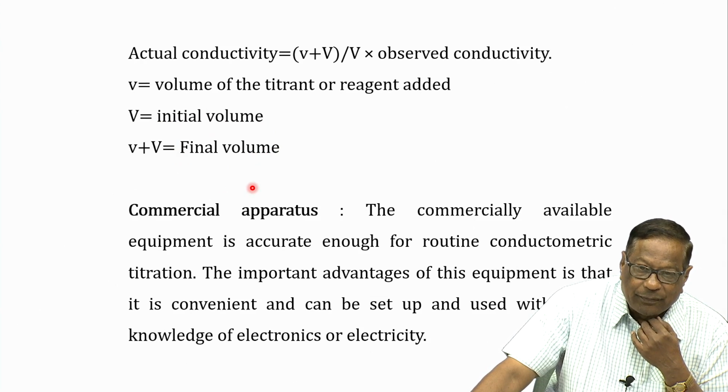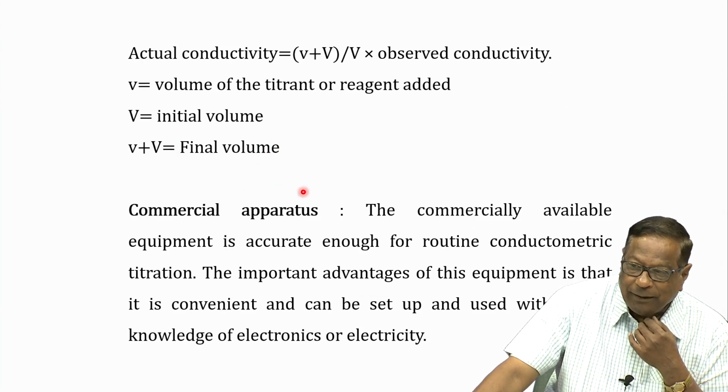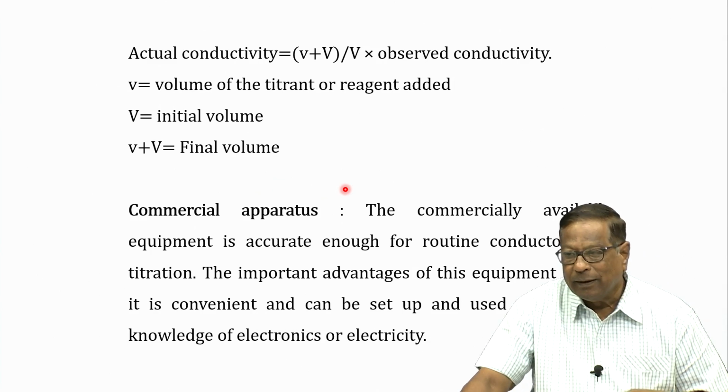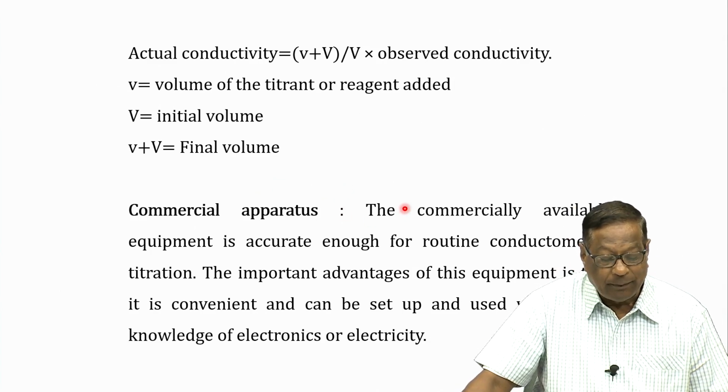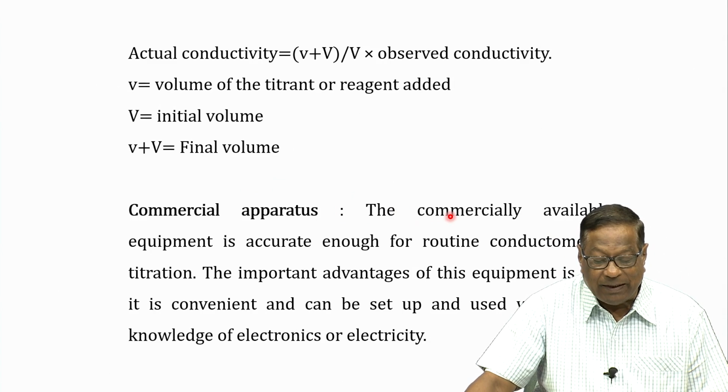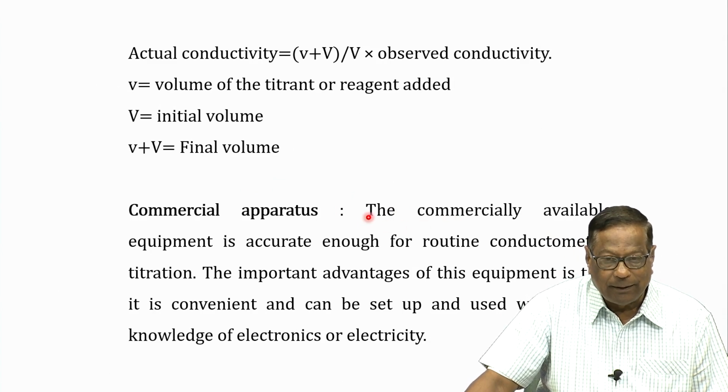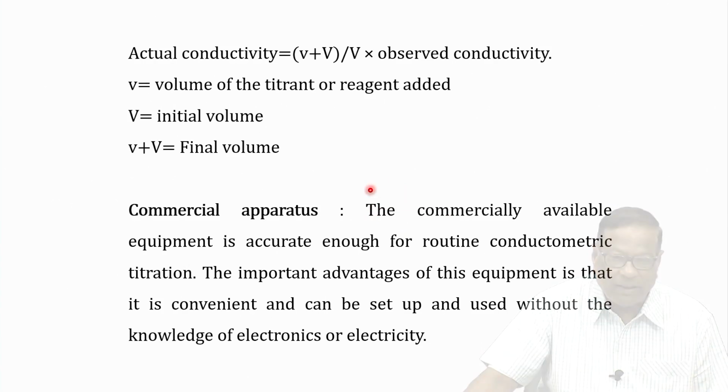So, with this kind of information, we will go towards commercial apparatus. It is available in the market, in scientific shops. The commercially available equipment is fairly accurate for routine conductometric titration. The important advantage of such equipment is that it is convenient.